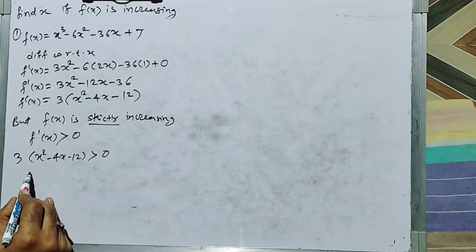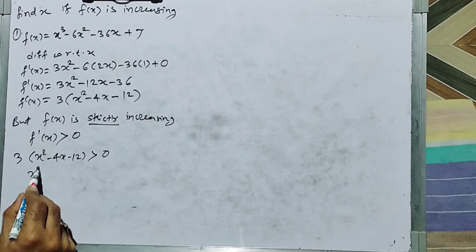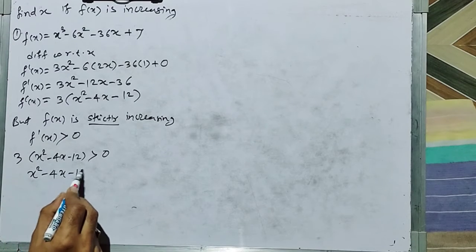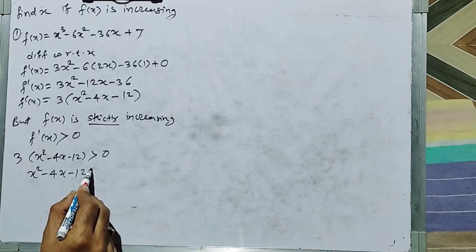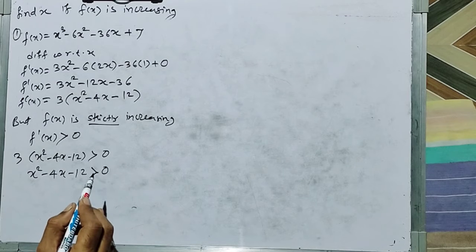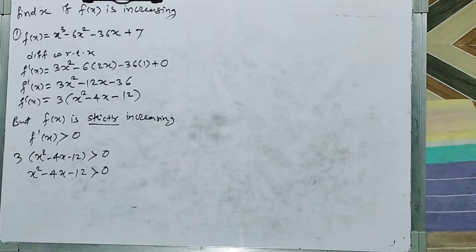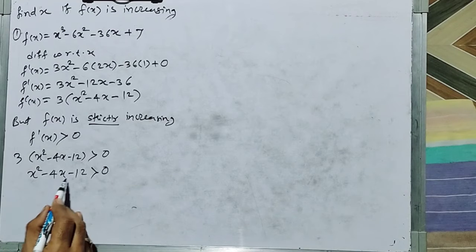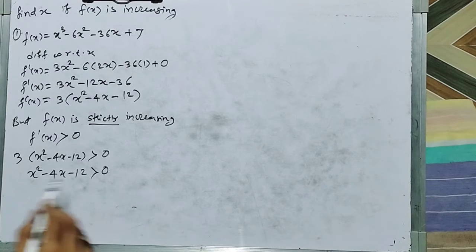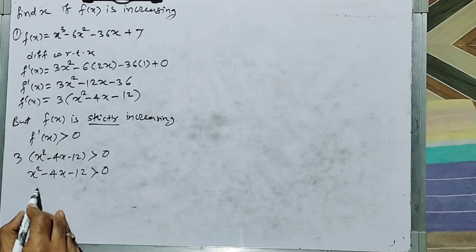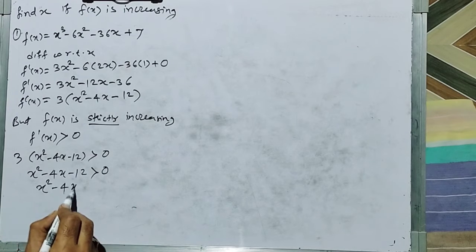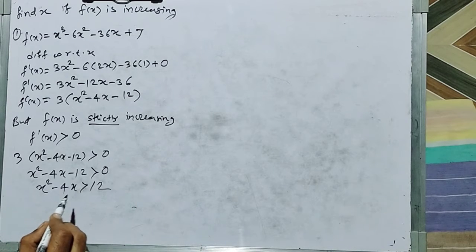It means x² - 4x - 12 is greater than 0. So here we transfer 12 to that side, or we add 12 on both sides. It means x² - 4x is greater than 12.